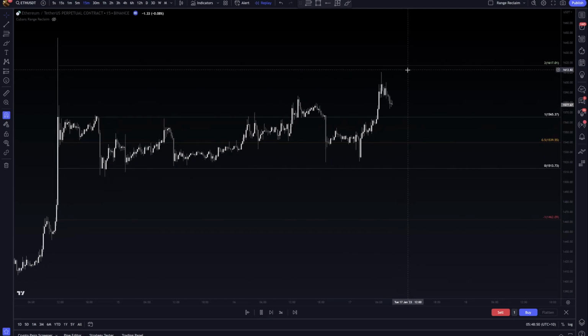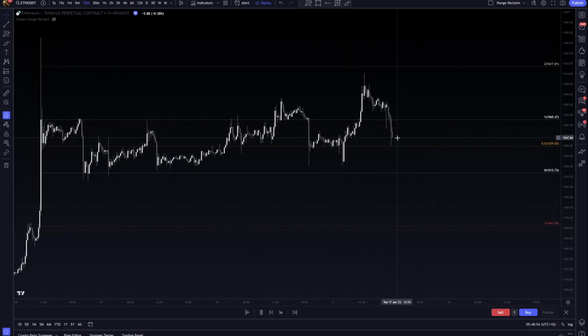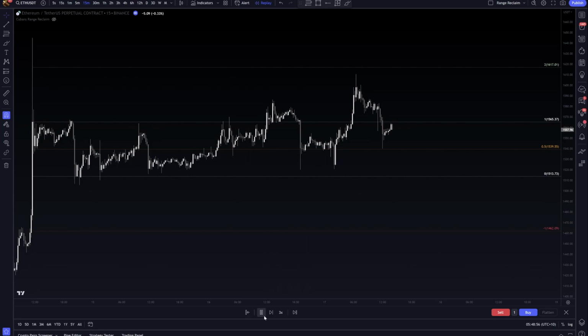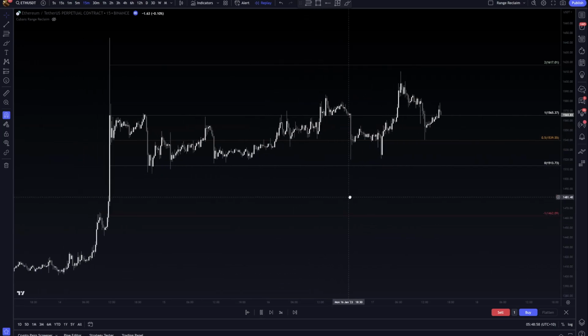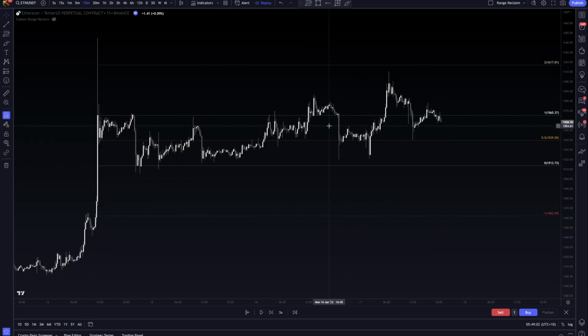We almost got it there. Now you may ask, why are we not adjusting the range height here when there's obviously been multiple tags of the range high, there's been closes beyond as well.